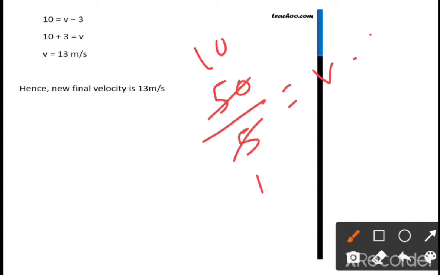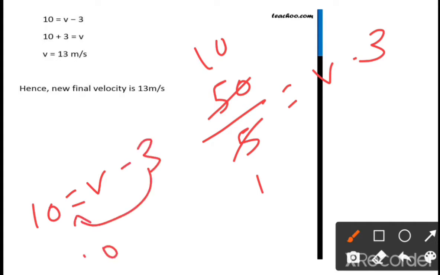So 10 equal to v minus 3. The 3 will come to the left side. 10 plus 3 equal to v. So v equal to 13 meter per second. So the new final velocity is 13 meter per second.